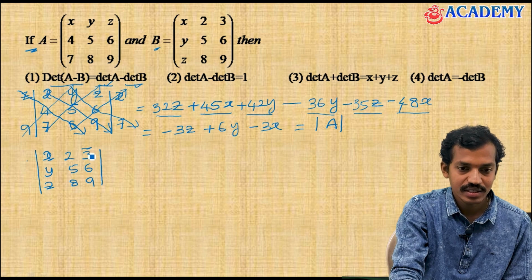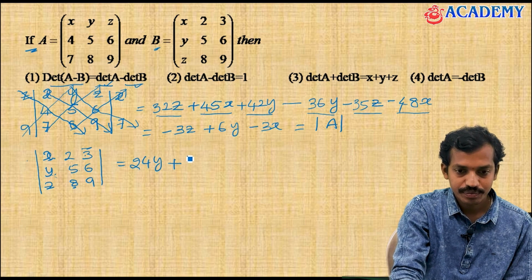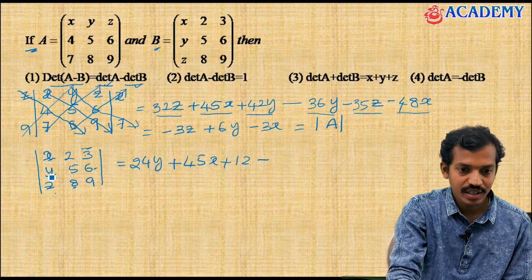So 3 into 5 into 8 is 24y, next plus x into 5 into 9 is 45x, next 2 into 6 into z is 12z, next minus 9 into 5 into 2.